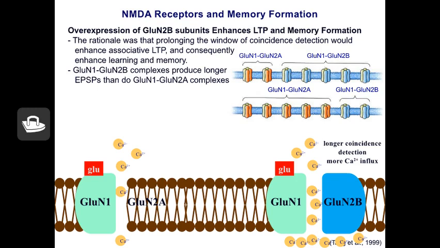And again, the original animation kind of had this GluN1 and GluN2B opening up to open the ion channel, and then a whole bunch of calcium running through here. So I had to modify that a little bit since VoiceThread doesn't do those kinds of animations, but you get the picture.